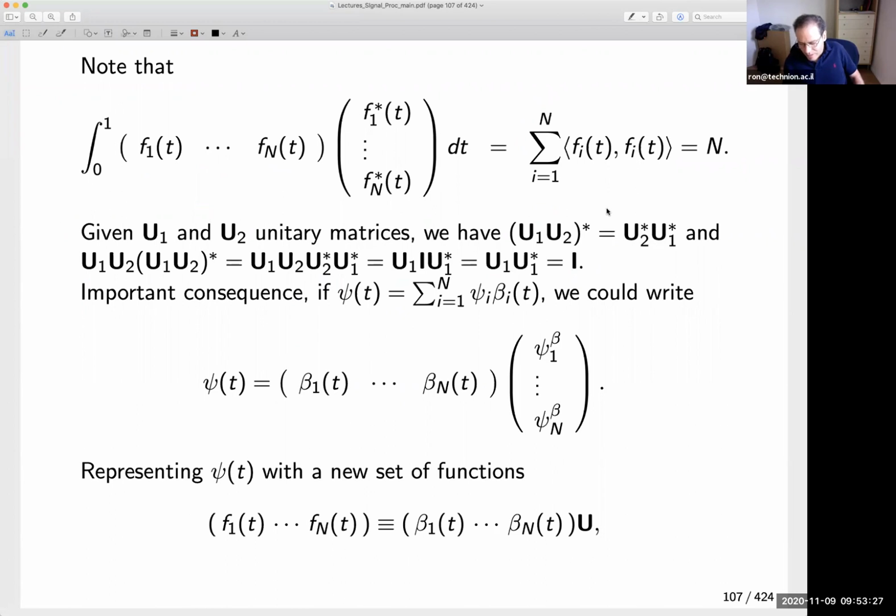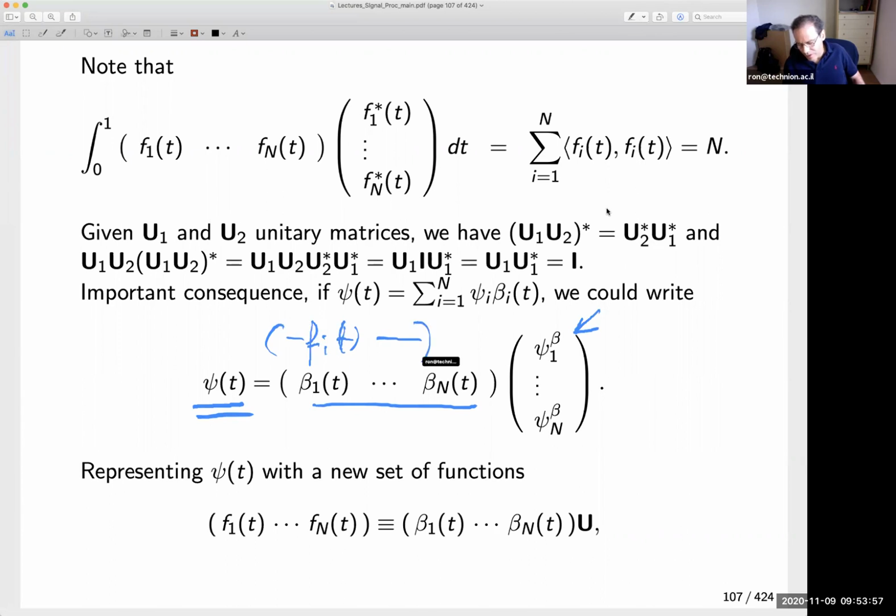Okay, so remember that in order to represent a given signal psi of t by these betas, I had to multiply it with these scalar coefficients we call psi beta. Representing psi with a different set of functions, I have to find out what the new coefficients would be. So here, instead of betas, I would write my f_i's. Okay, so here I have my f_i of t.